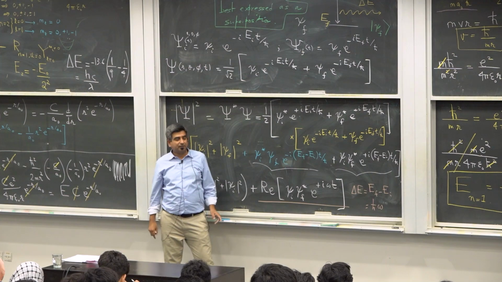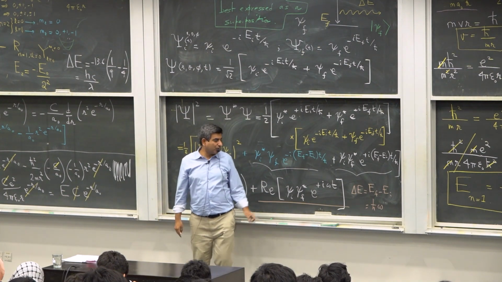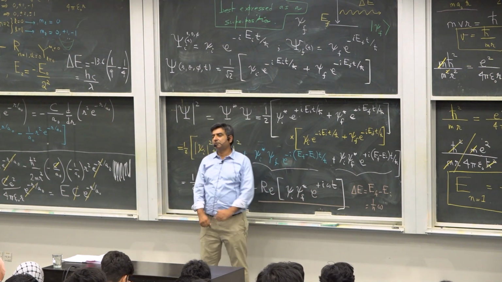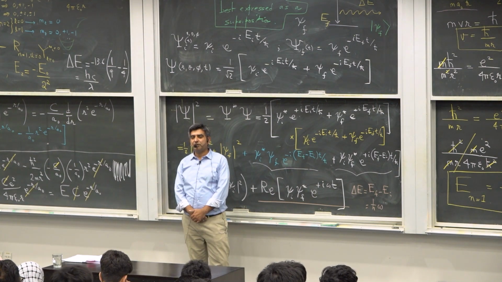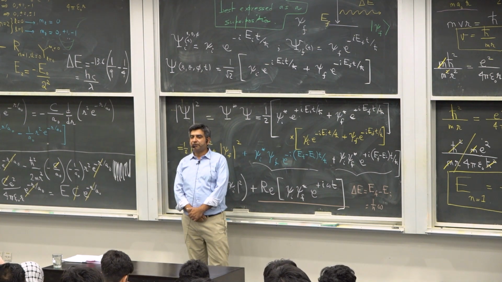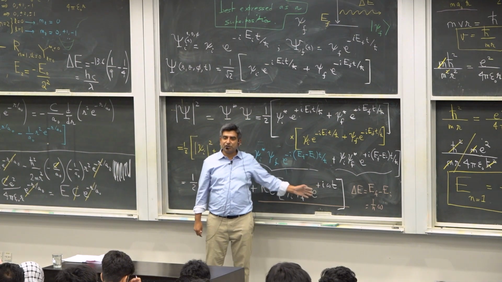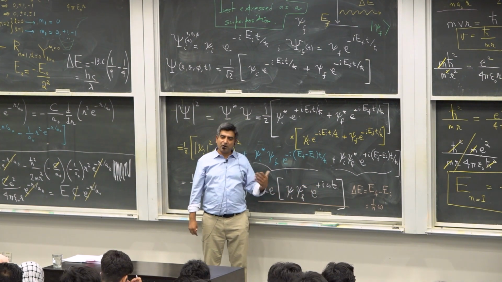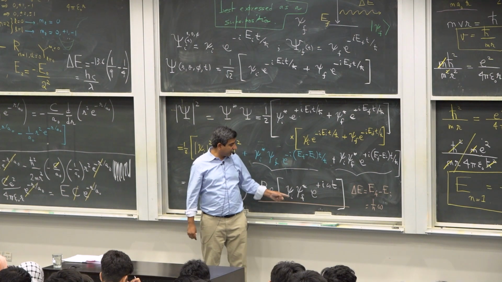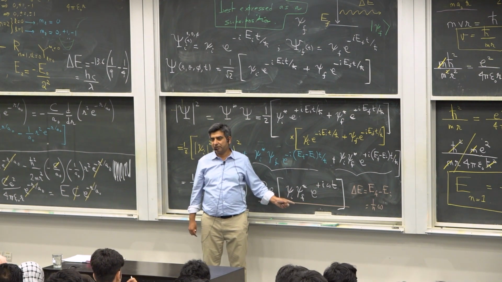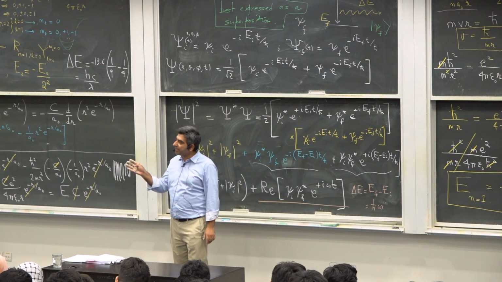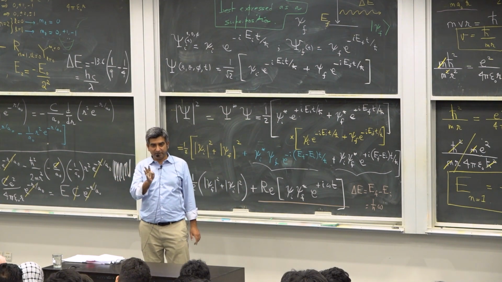Now this term will be proportional to... What's the real part of e^{i omega t}? Cosine of omega t. What's the imaginary part? Sine omega t. So this will either be cosine omega t or sine omega t or a combination thereof, depending upon whether these are real or imaginary. But it will always have a time dependence of the form omega t.